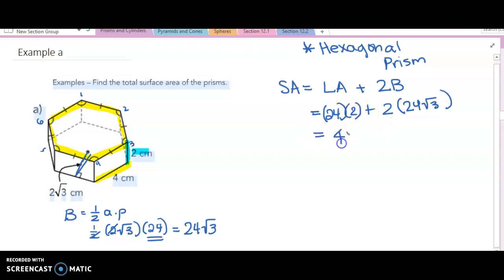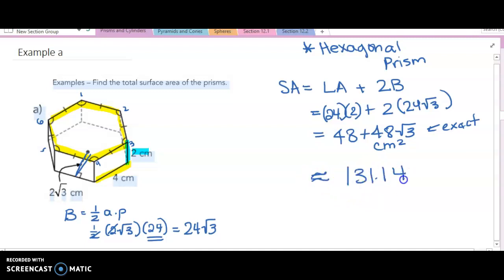So this is 48 plus 48 square root of 3. That would be exact, and that would be centimeters squared. Or if you wanted to put that into your calculator, you'd get roughly 131.14 centimeters squared.